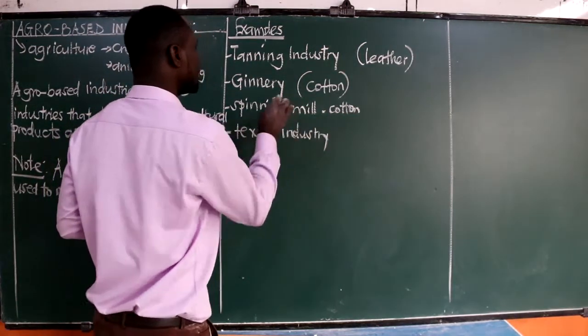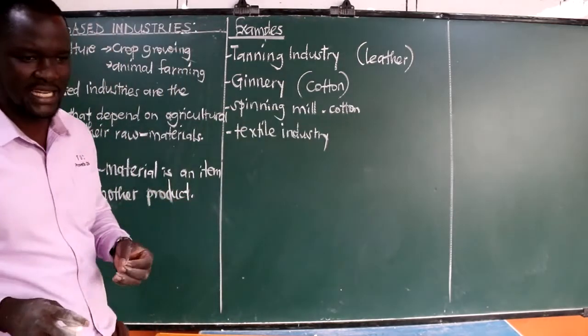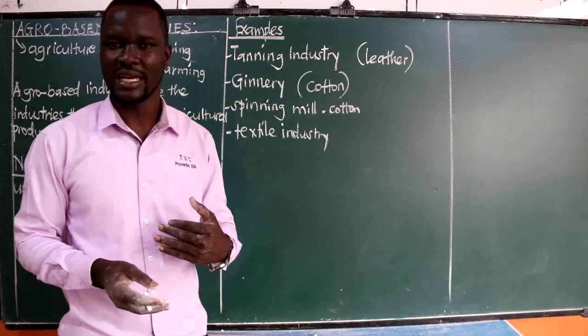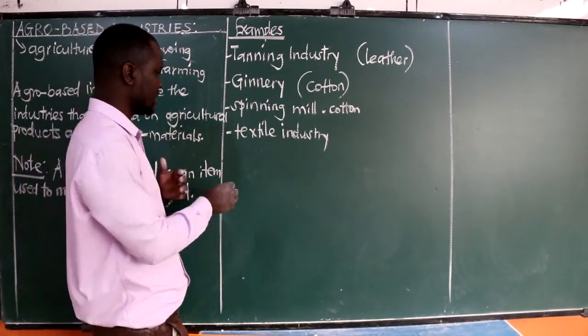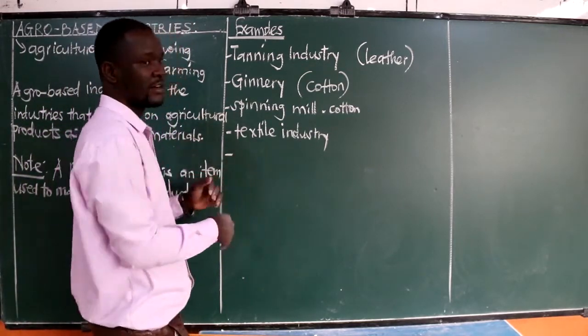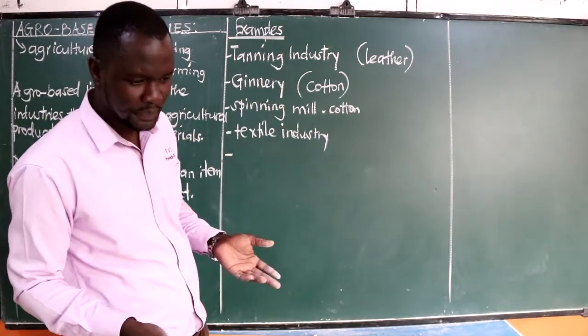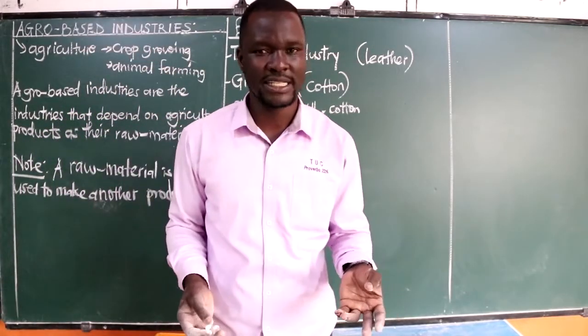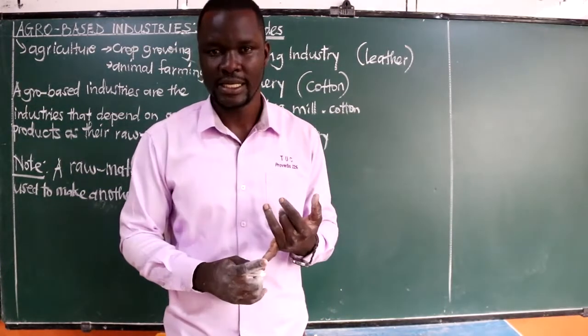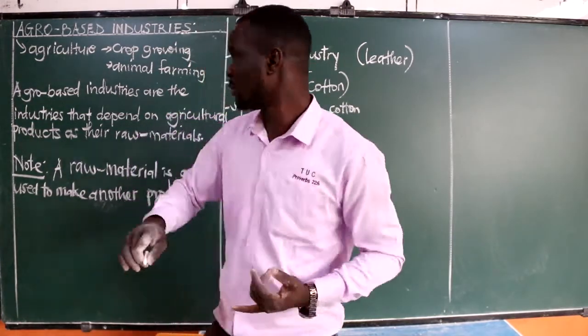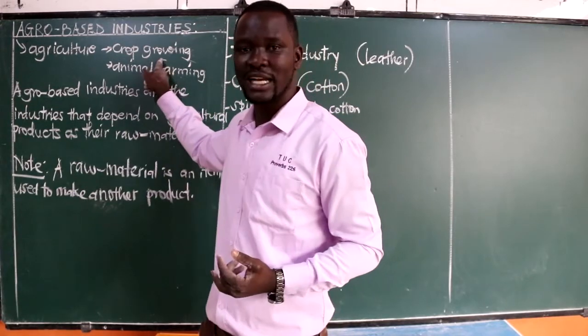And then we also need to note that we have industries like Lugazi, industries like Kakira. What is made in those places? They make sugar. Now we ask ourselves, what do they use for making sugar? They use sugar cane. Where is the sugar cane got from? From agriculture, from the garden.